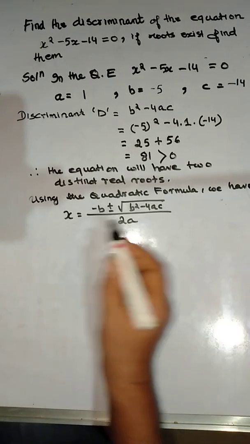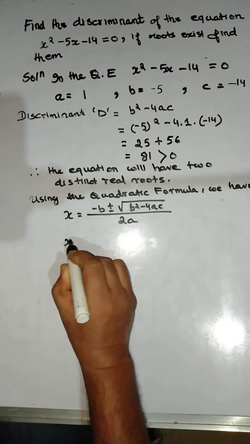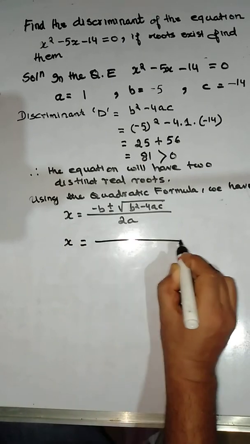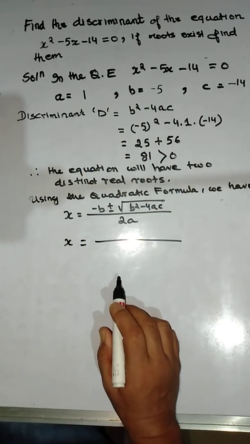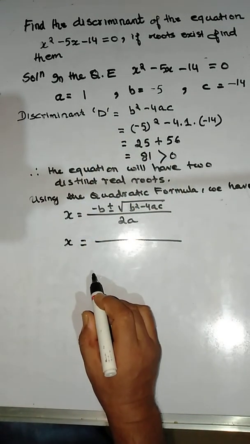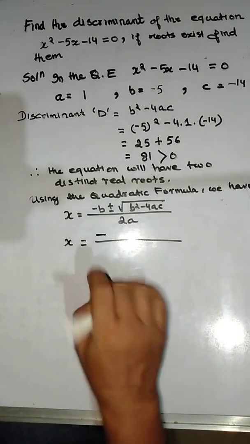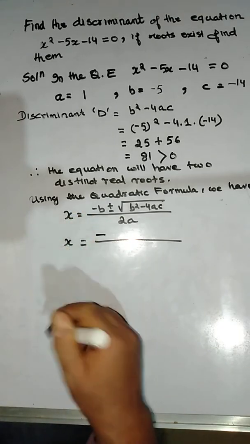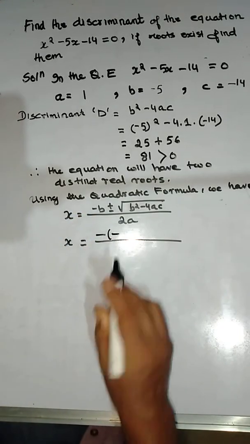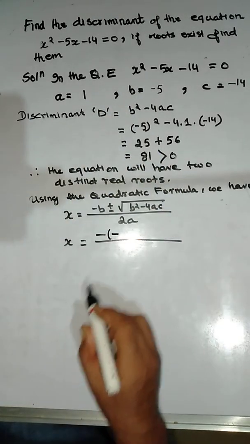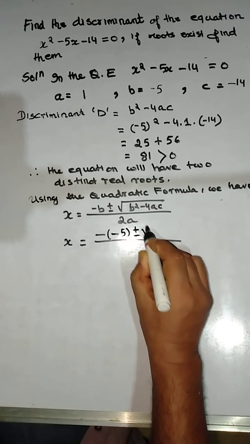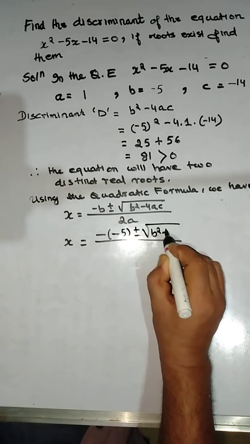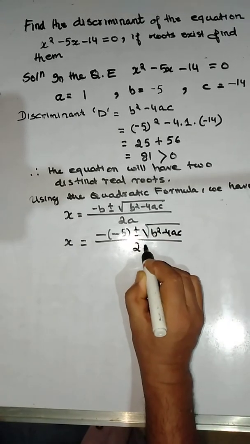And then here you put the numbers. X is equal to, draw your line, minus b, b is the coefficient of x, and the value is minus 5. So you put minus, the first minus belongs to the formula, and the minus in bracket belongs to the value of the coefficient, so it will be minus of minus 5, plus minus, and you put the square root of b squared minus 4ac upon 2a.